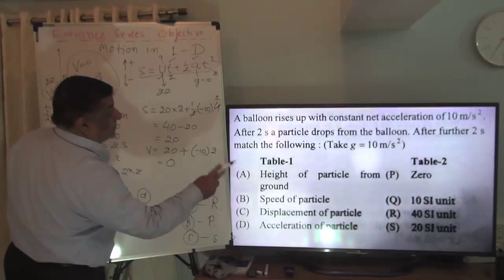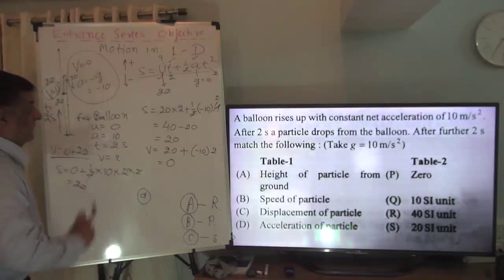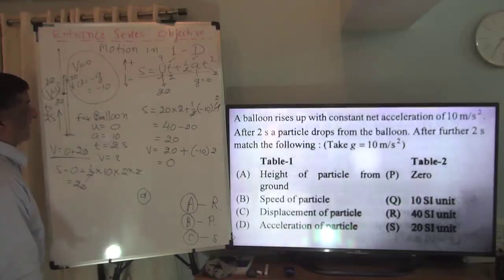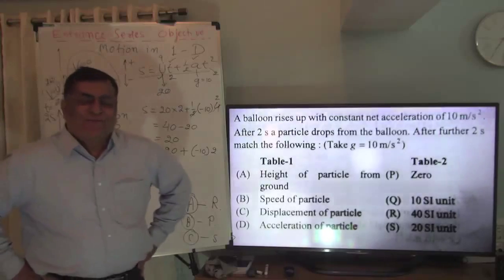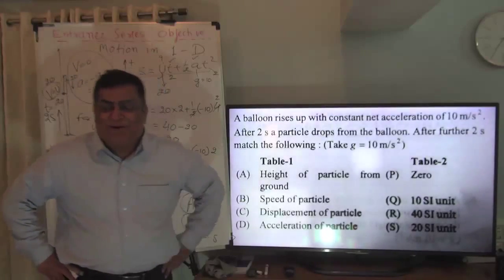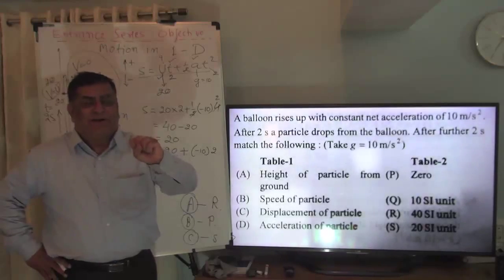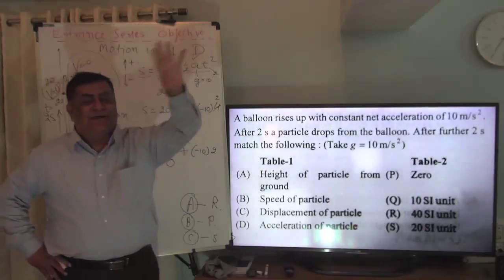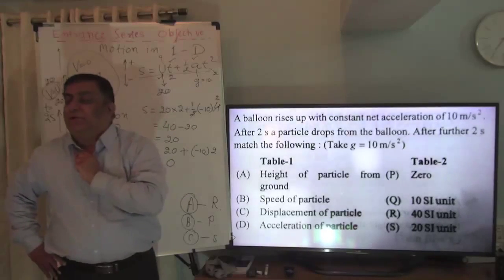So it has to be Q, but we should solve it. Acceleration of the particle after 2 seconds. Oh, it's a wonderful question, and you should always remember that whenever there is no additional force on any particle and it is free in the air or in space, the only acceleration acting on it is due to earth.